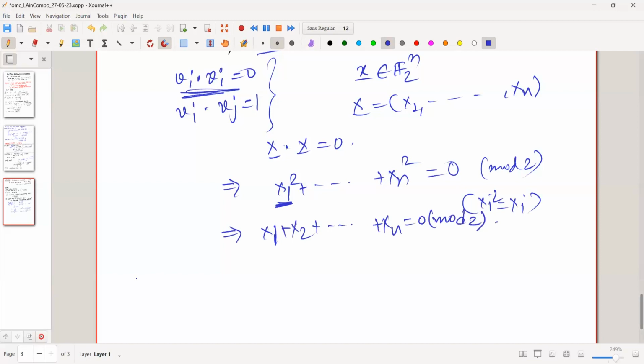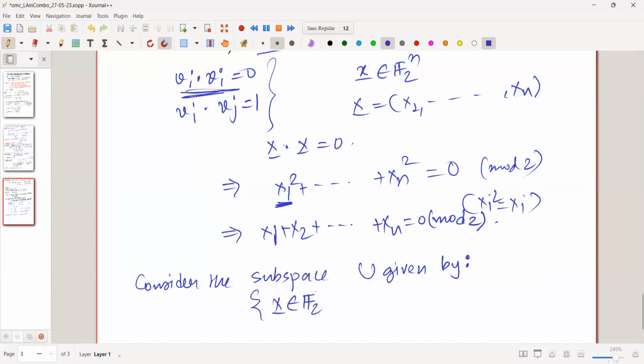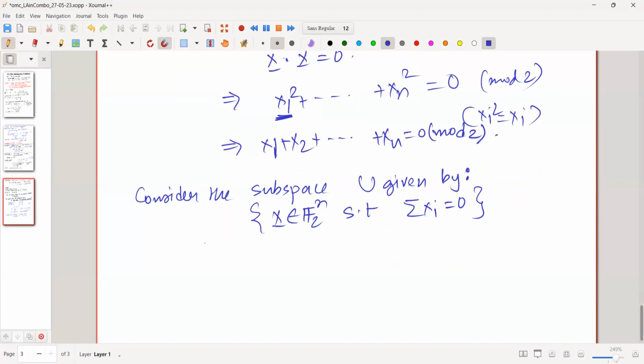Right? So now consider the subspace U given by all vectors in F2^n such that the summation of the Xi's is equal to 0. I know that this is also the exact subspace of vectors X such that X dot X equals 0.